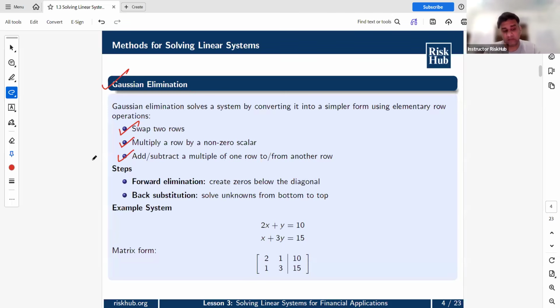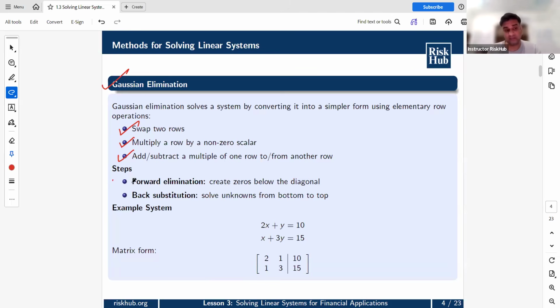Why? Because you are transforming representation, not changing the underlying geometry, right? The deep geometric insight here is that each equation is actually a line or a plane or a hyperplane. Solving a system means finding the intersection point, right? Linear algebra is geometry hidden in your algebraic notation, right? So keep that in mind.